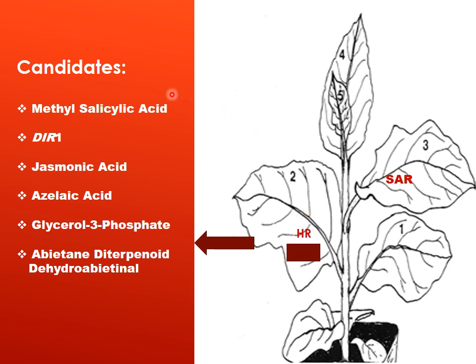In the last few years, scientists have claimed that there are other molecules which can act as signals of systemic acquired resistance, which include methyl salicylic acid, jasmonic acid, azelaic acid, and many more.